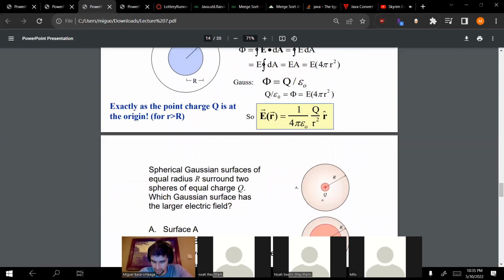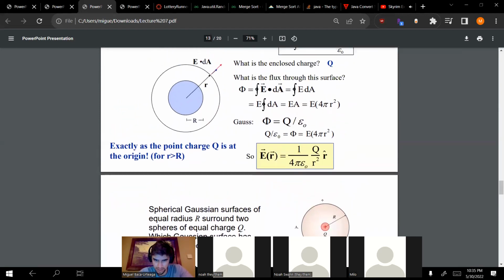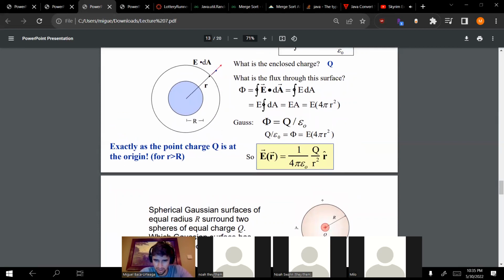But you get the same result here. The E of r is equal to 1/4 pi epsilon naught times Q over r squared. In the book, the only difference is instead of E of r, it says E, the electric field, sub outside. That's all it is.